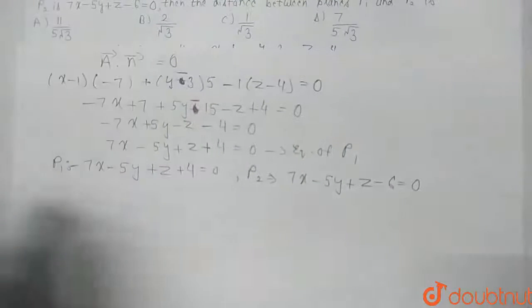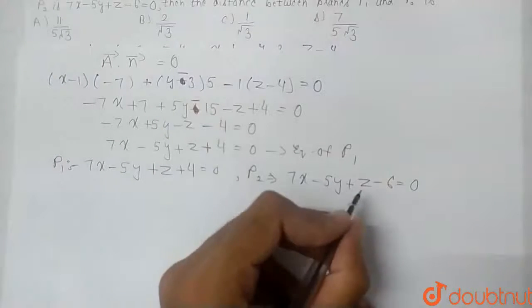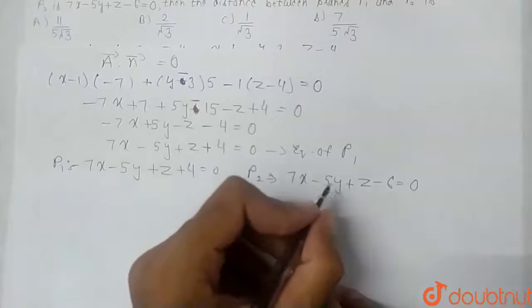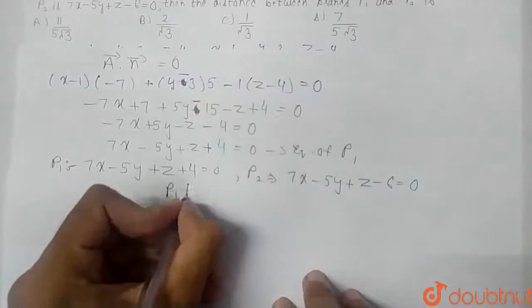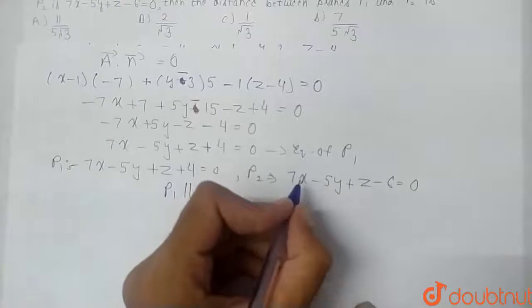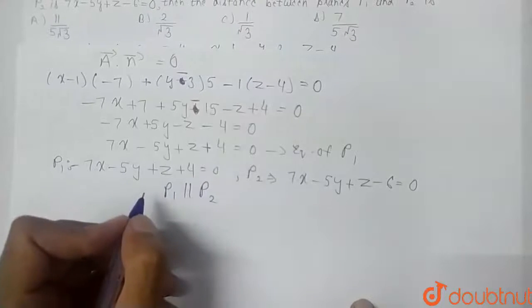Here we can see that the coefficients of x, y, z in both the planes are the same. That's why we can say that P1 is parallel to P2.